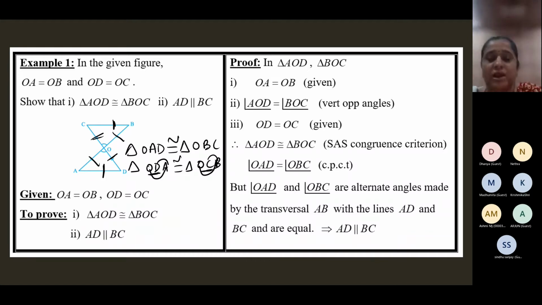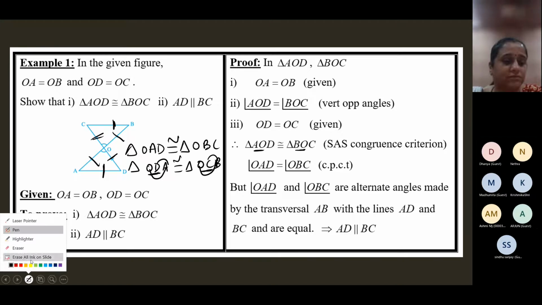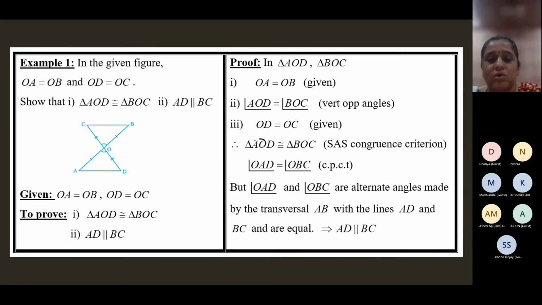So now when you write it like this, AO is equal to BO, correct. Then OD is equal to OC, correct. Then the new result is AD is equal to BC. AD is equal to BC is not given, but that is a new result.